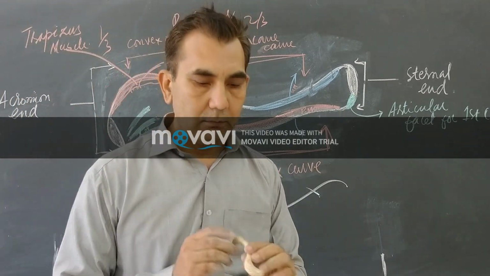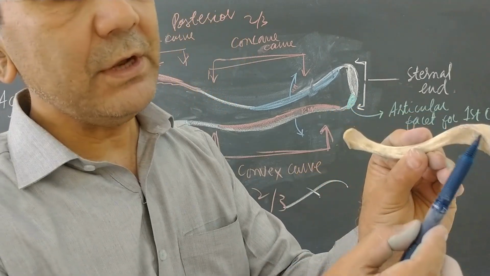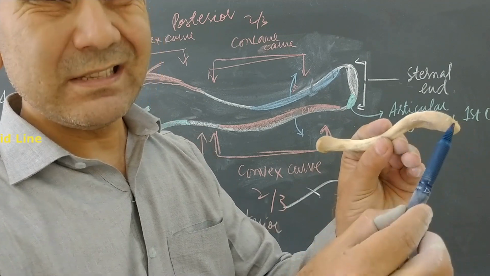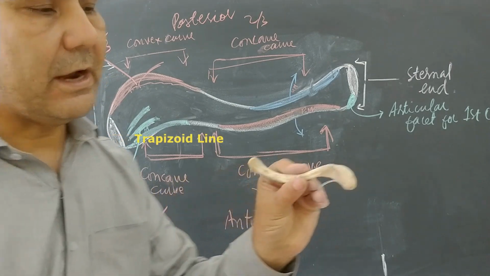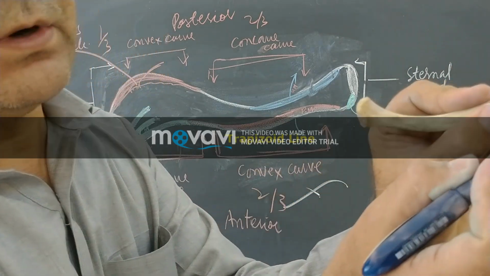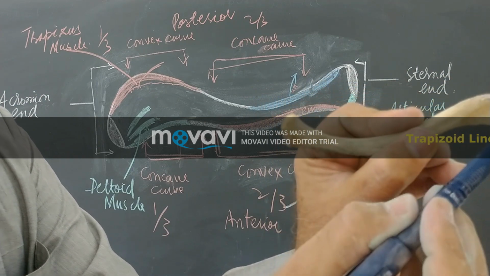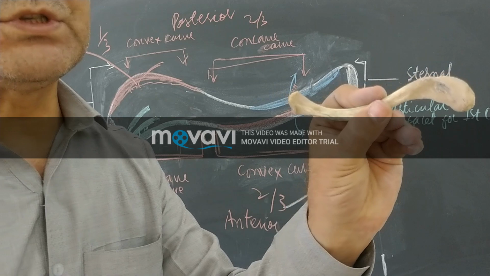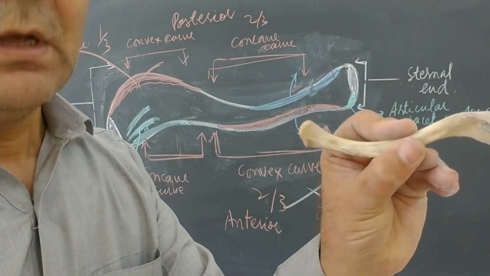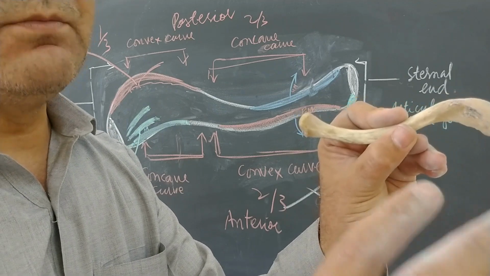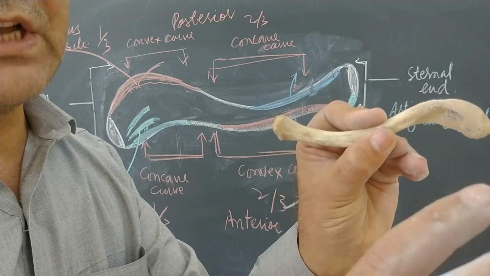Now we will come to the inferior surface. In the inferior surface there is the trapezoid line. Here at the posterior side, at the inferior side, it is a trapezoid line, and this trapezoid line is for the attachment of the trapezoid ligament. This makes the joint stronger with the acromial process of the scapula.